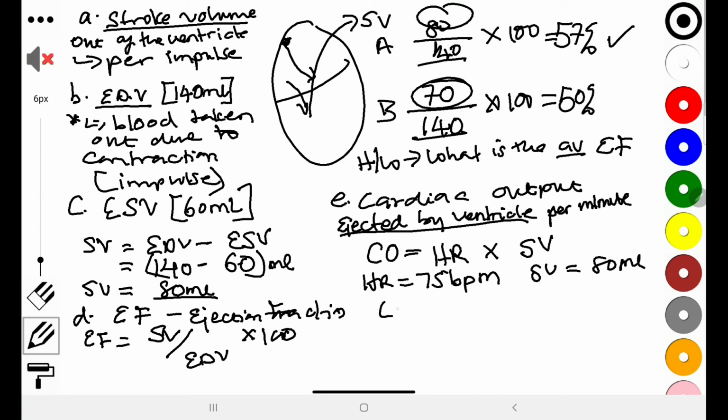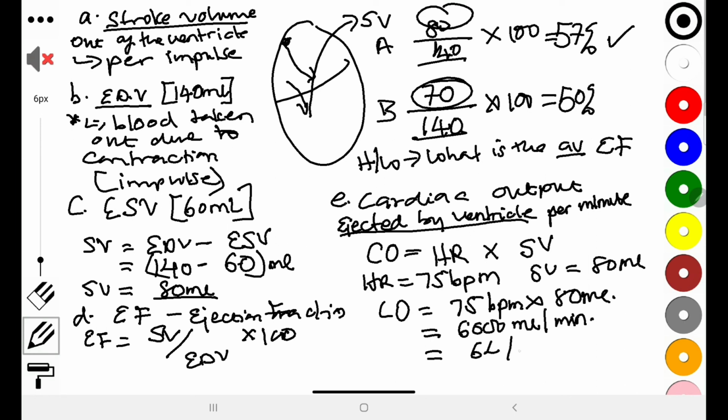You're going to say cardiac output is going to equal 75 beats per minute times 80. Alright, so this is going to give you 6,000. Okay, 6,000 mils per minute, or 6 liters per minute.